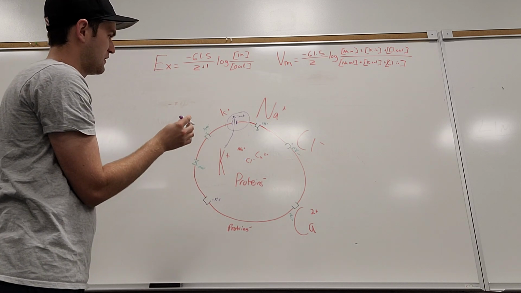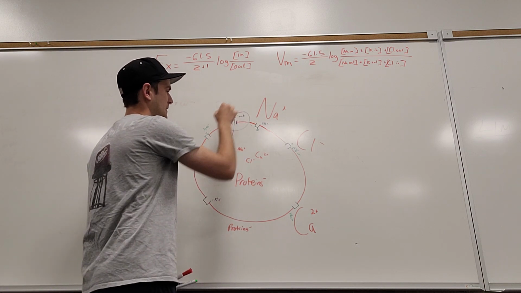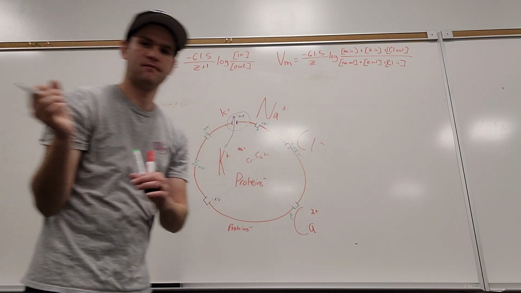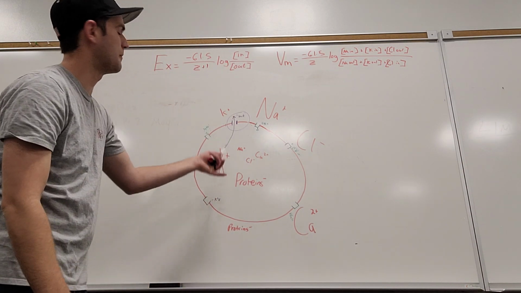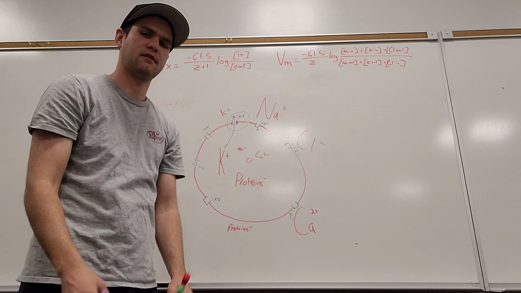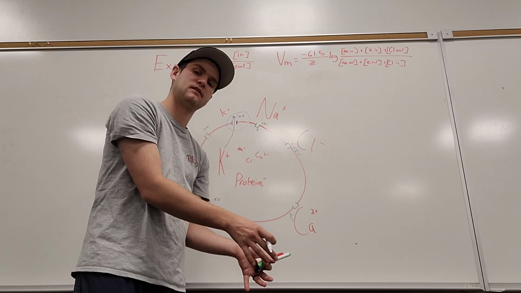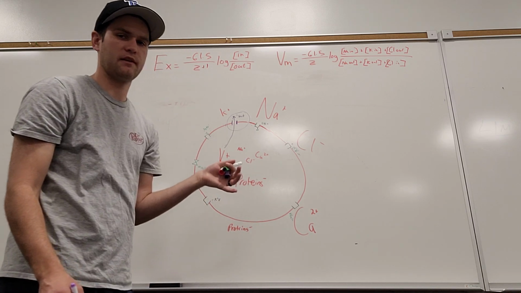And so what that's going to do is, when potassium is leaving our cell, remember, we can't just bring in a bunch of positive ion or potassium charges. You can't just put just positives into the cell. It's always going to have a negative partner with it, okay?